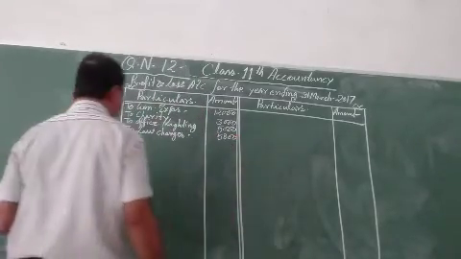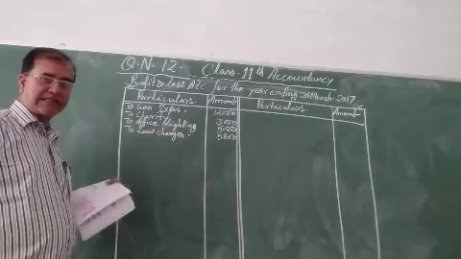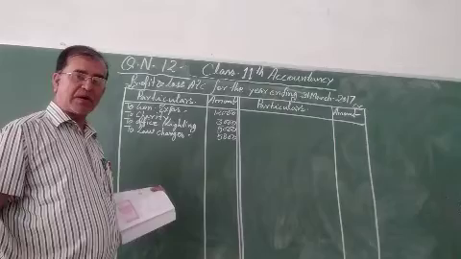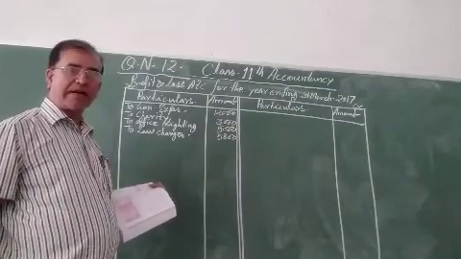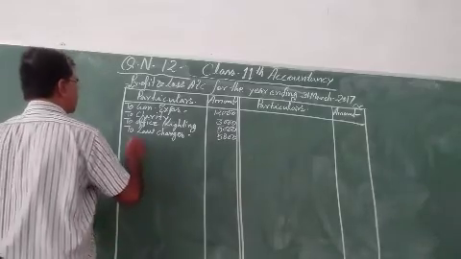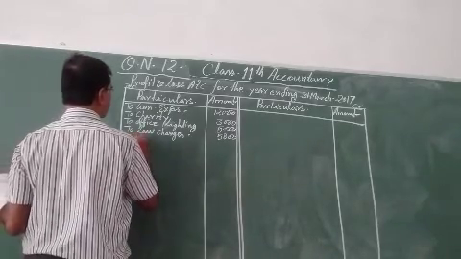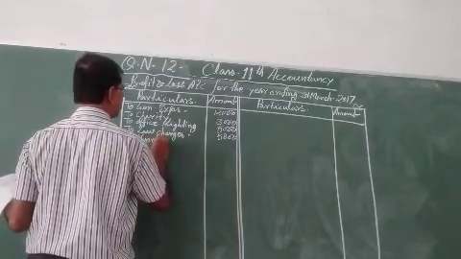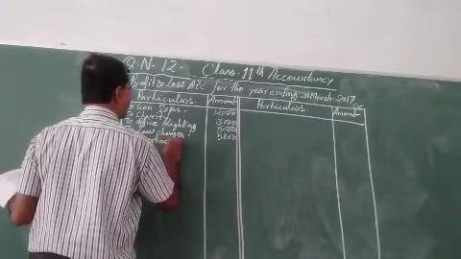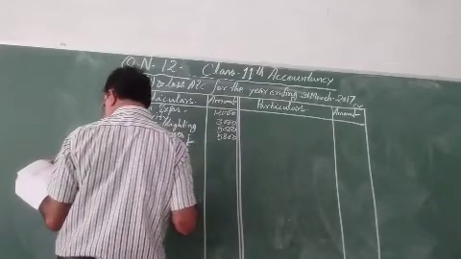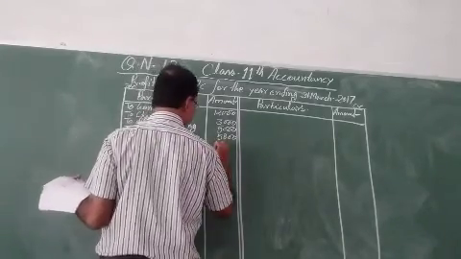Advertisement for the product: you have to advertise your product to the public for more and more selling. That is a selling expense, to advertisement 14,200.